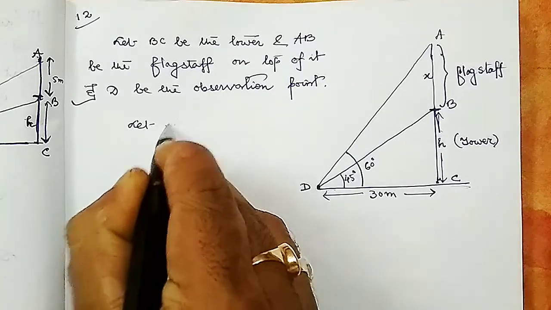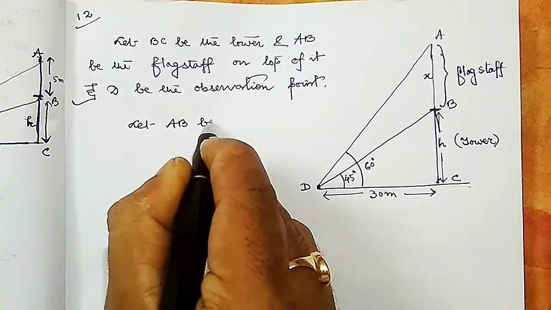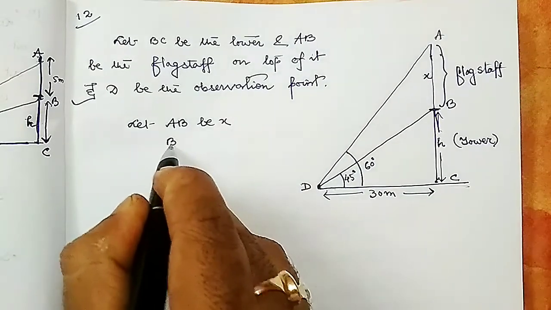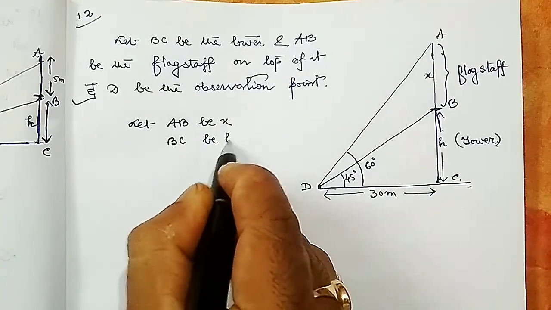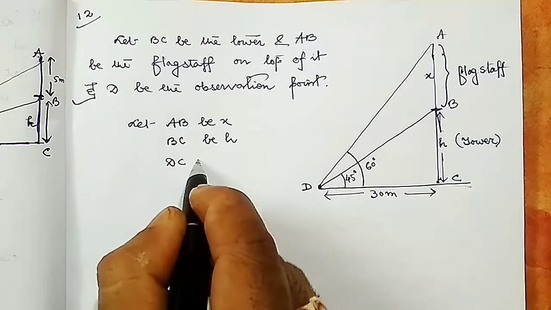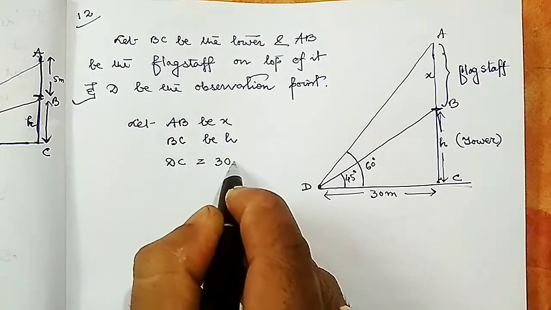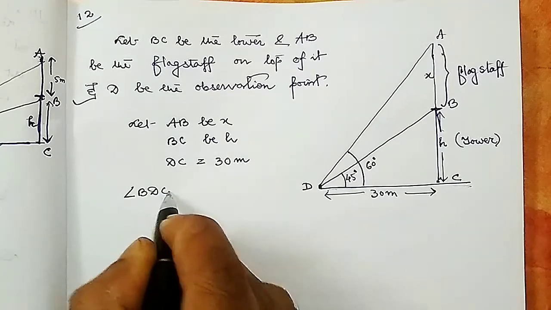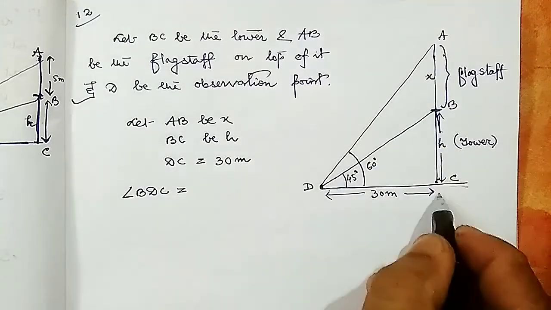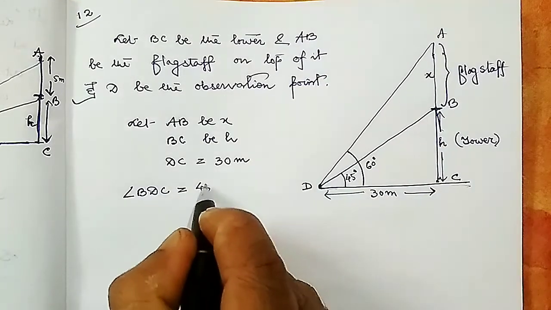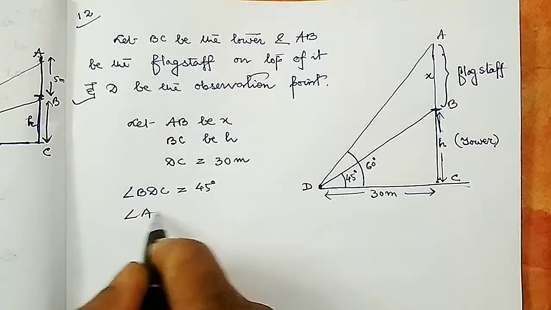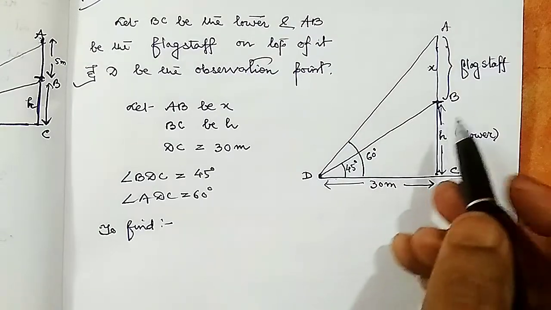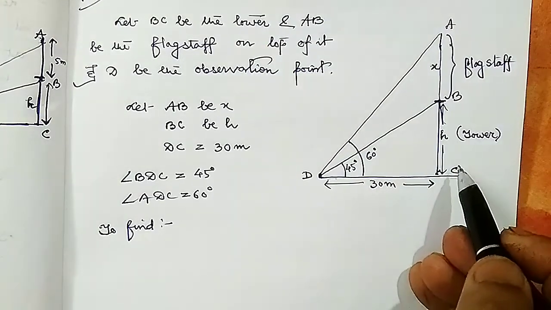Let AB be x, we can consider this part to be x, and BC be h. DC already you know, DC equals 30 meter. Angle BDC is 45 degrees, and angle ADC equals 60 degrees. We are to find the height of the flagstaff and that of the tower.